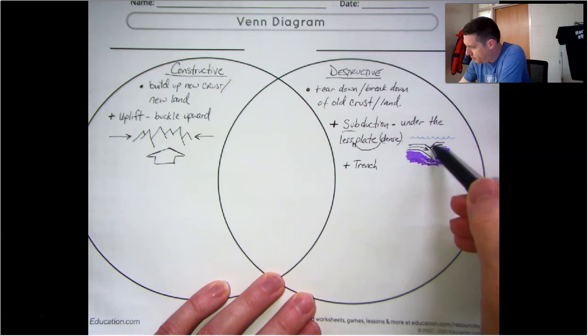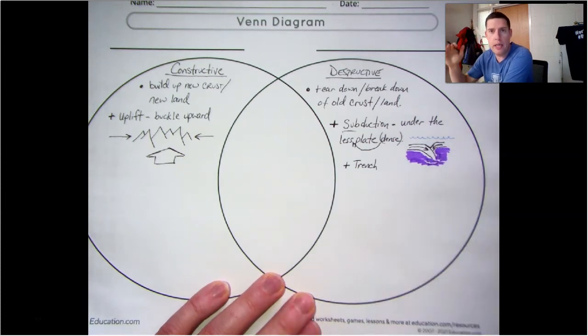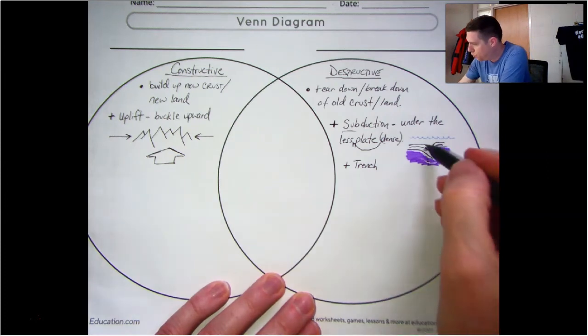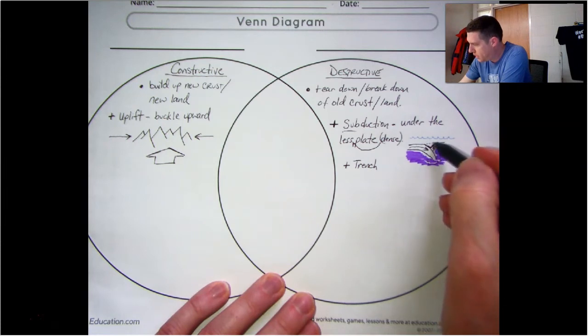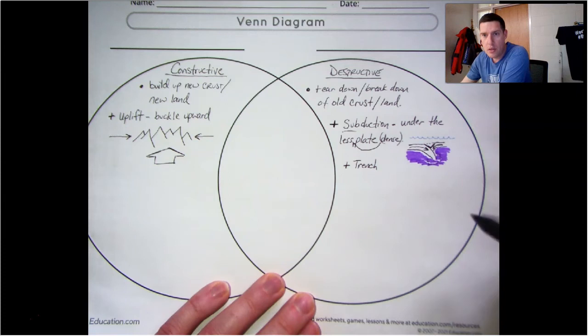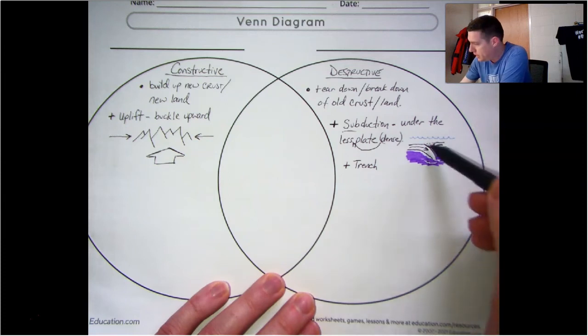This dip, this depression made where one plate is being driven under and grabbing the edge of the other plate, making this almost like a ditch, a very deep groove cut right here. It's just what would be the ocean floor right here. That would be where the ocean floor is. It's being pulled down and the ocean floor is getting deeper and deeper.